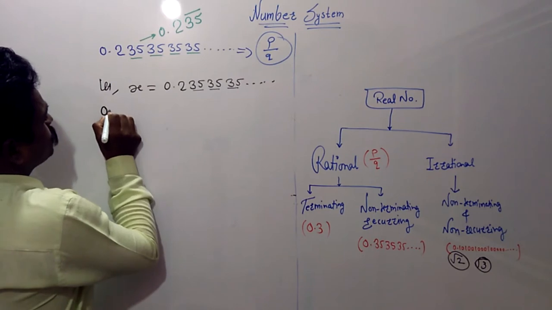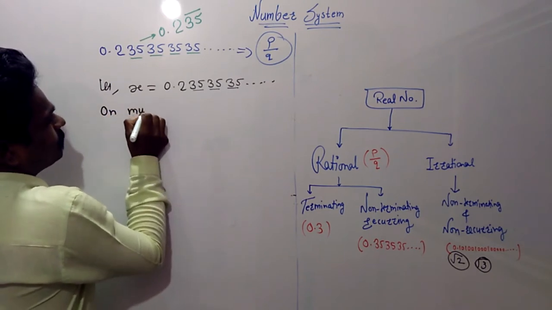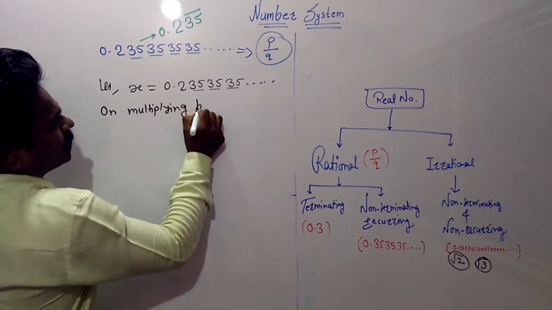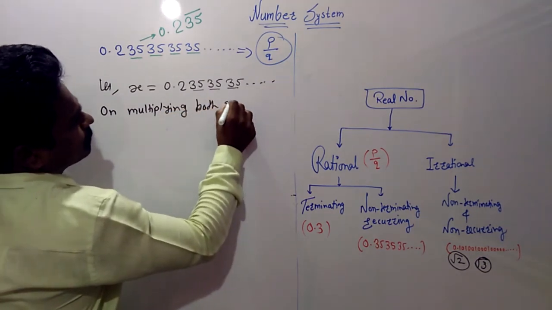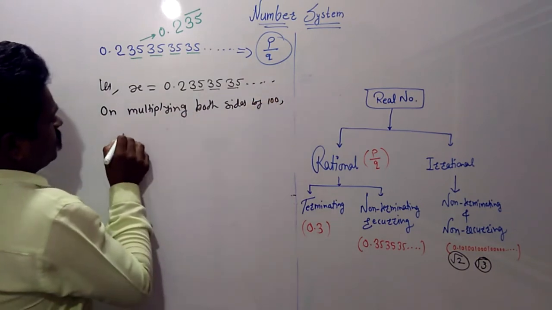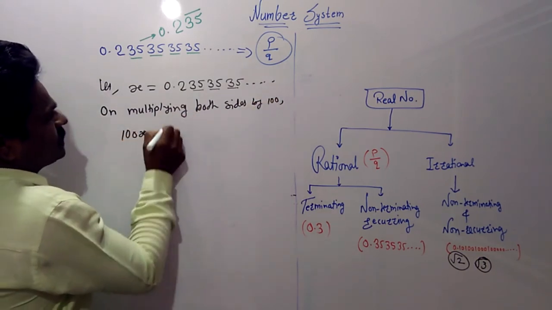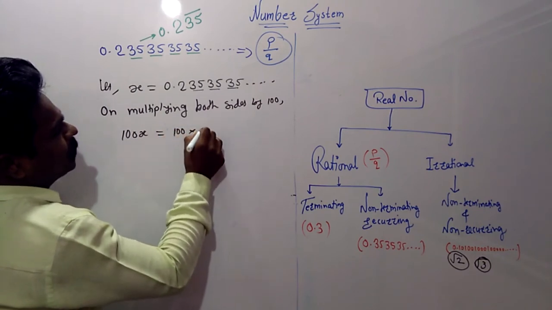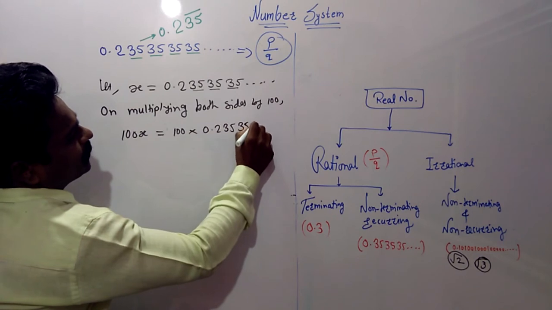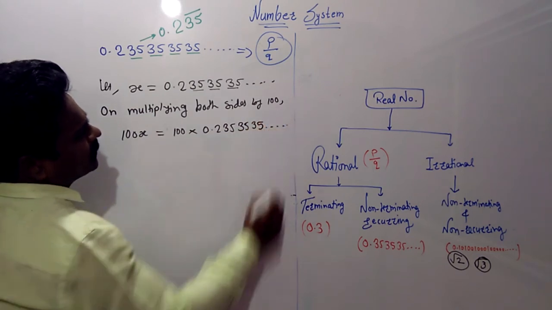On multiplying both sides by 100, we'll get 100x is equal to 100 into 0.2353535 and so on.